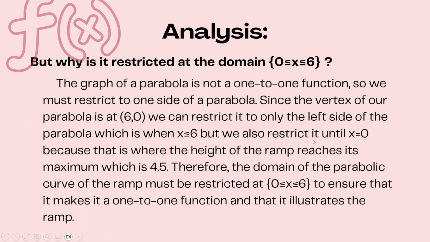But we also restrict it until x equals 0 because that is where the height of the ramp reaches its maximum, which is 4.5. Therefore, the domain of the parabolic curve of the ramp must be restricted to 0 less than or equal to x less than or equal to 6 to make it a one-to-one function and to illustrate the ramp.